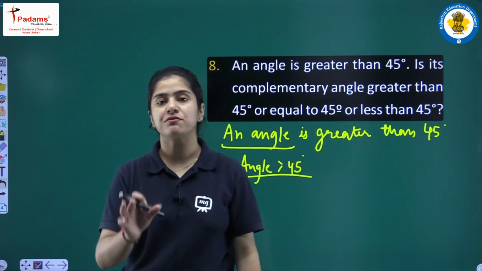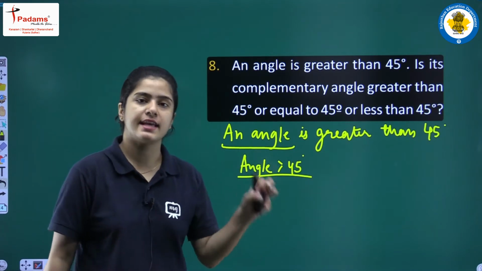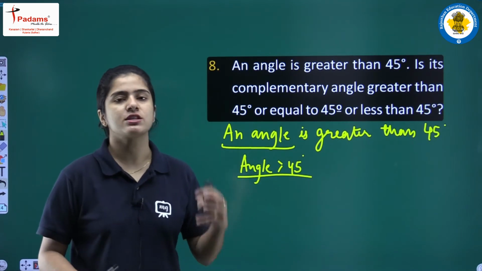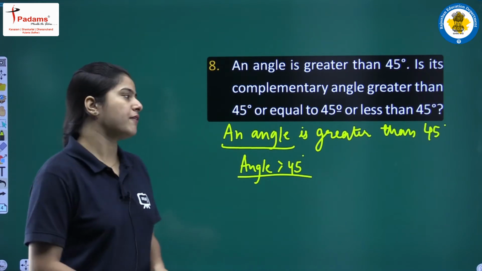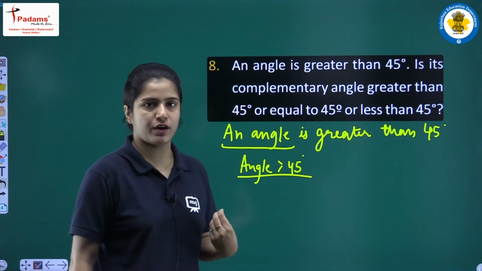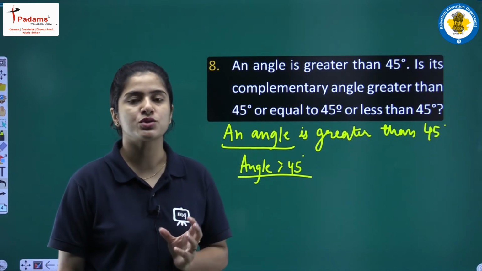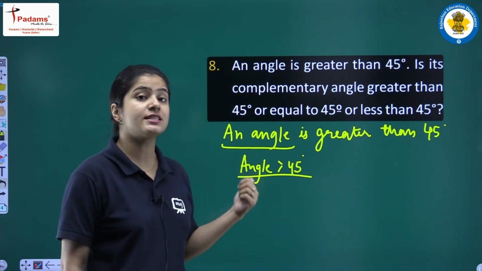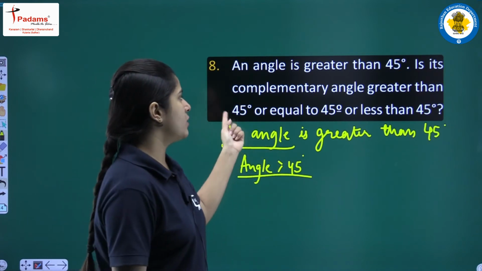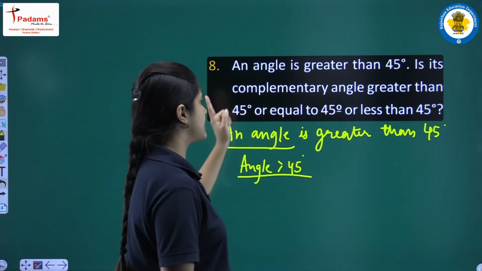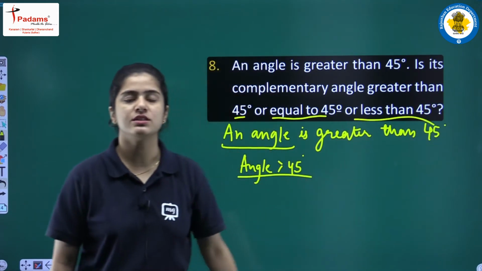Okay students, so we have to find out whether its complementary angle is greater than 45, equal to 45, or less than 45. If that angle is greater than 45, and we know that the sum of those two angles, this angle and its complement, is 90 degrees, then we have to find out whether that complementary angle is greater than 45, equal to 45 or less than 45. Okay students, so have a look.